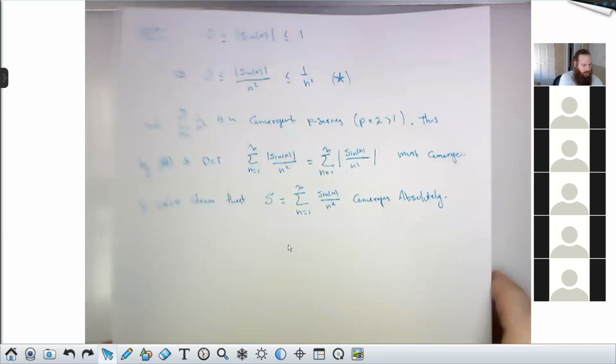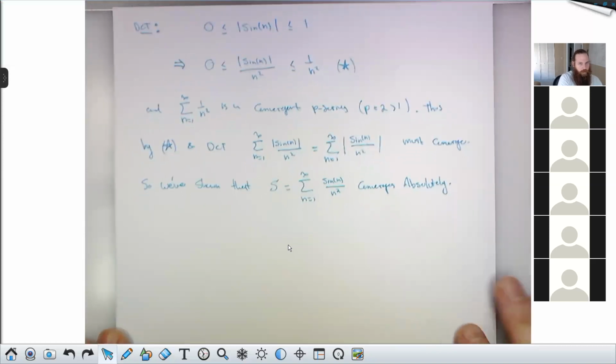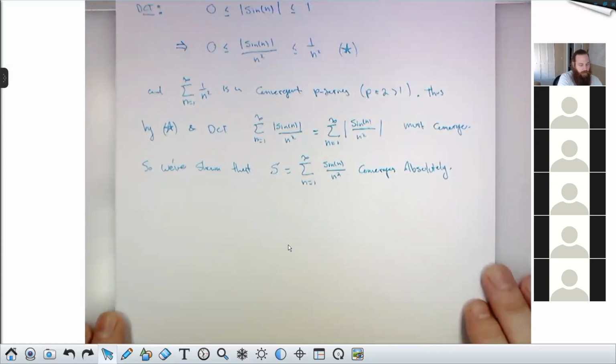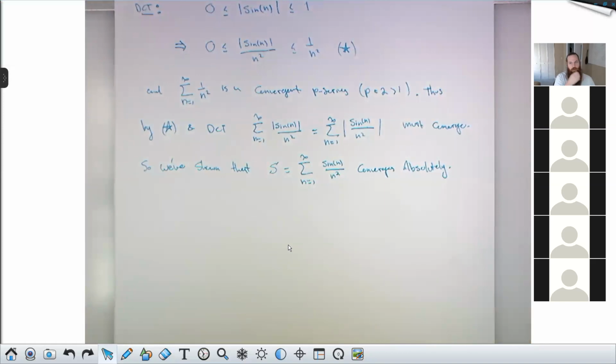Let's talk about these 2 new tests. So we now know what it means for something to converge absolutely, and we've seen a little bit the utility of absolute convergence.